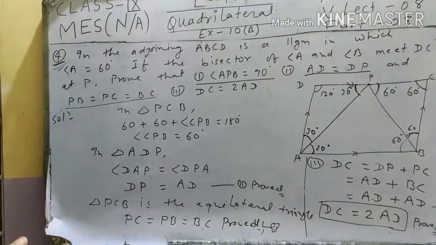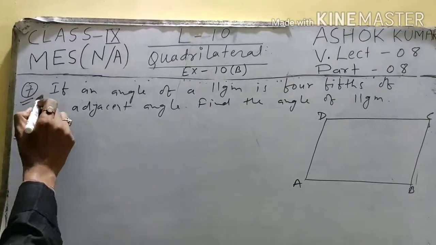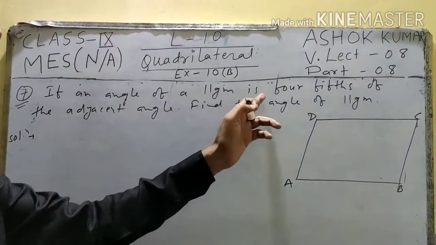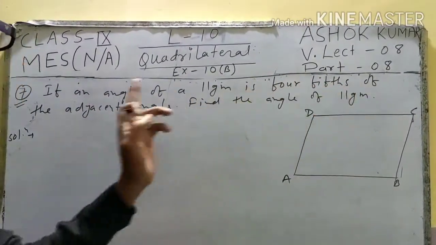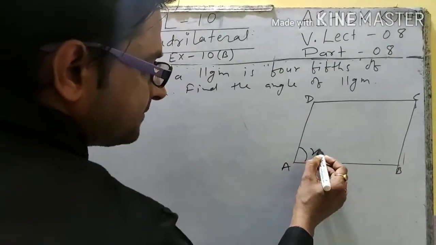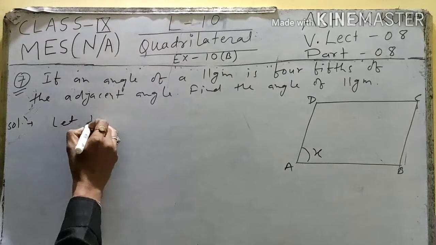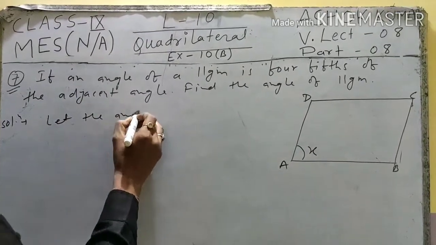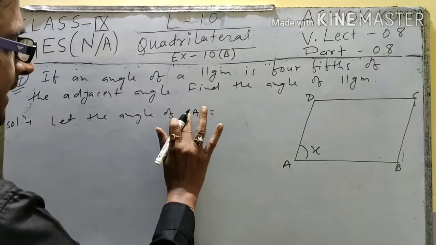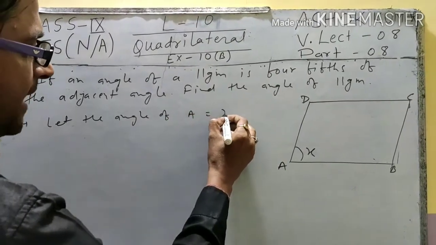The next question is, here student, question number 7. If an angle of a parallelogram is 4/5 of the adjacent angle. Suppose, student, this angle is x, let the angle A is equal to x.